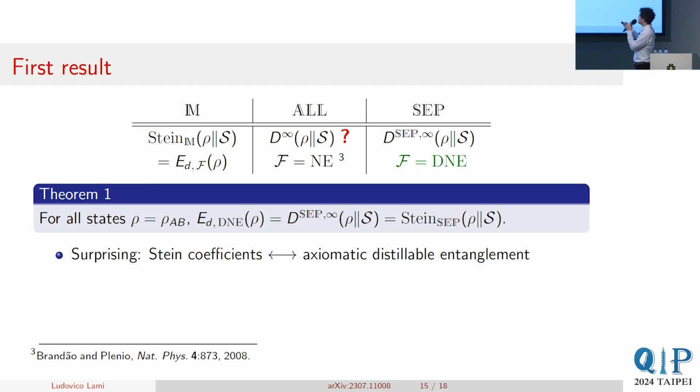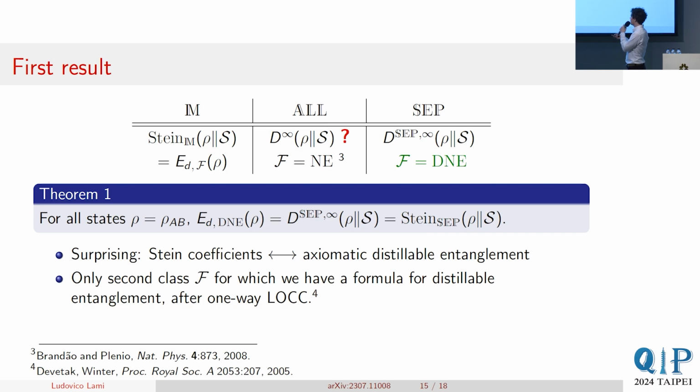This Stein exponent is equal to the distillable entanglement under DNE operations. The fact that there is this dual constraint reflects into the fact that you have this separable measurement stage. These two things are very much connected, because a separable measurement is kind of separable at the dual level. So this is our first main result.